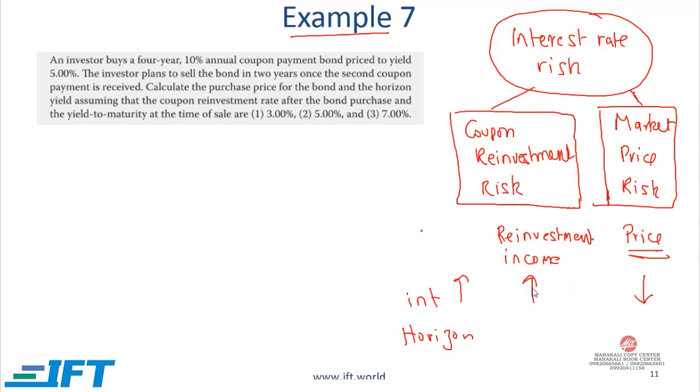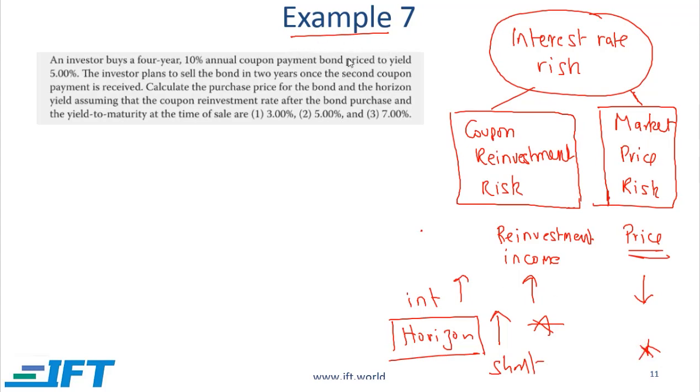The question now is, which of these effects is greater? And the answer is that it depends on the investment horizon. If the investment horizon is long, then the reinvestment income effect dominates. If the investment horizon is short, then the price effect will dominate.